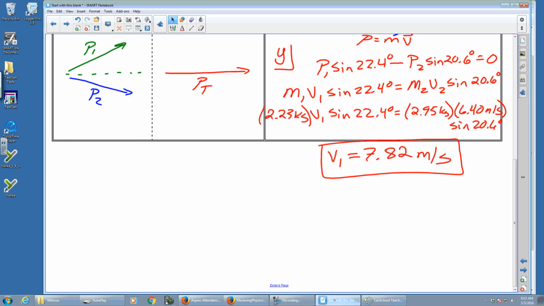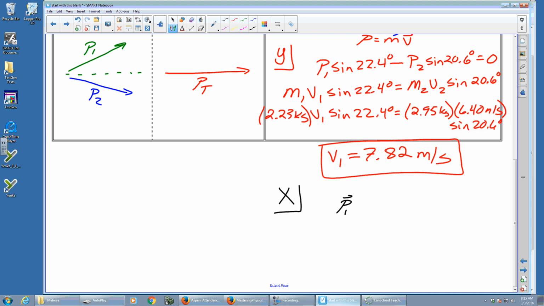So now we're going to go into our realm of x, because the momentum afterwards is only in the x direction. So we're going to take the momentum that we have, and you could write it out this way.